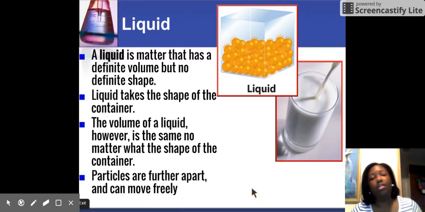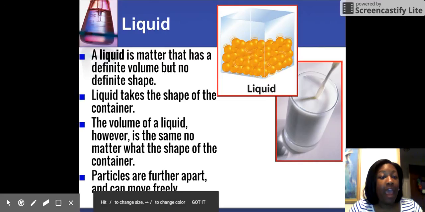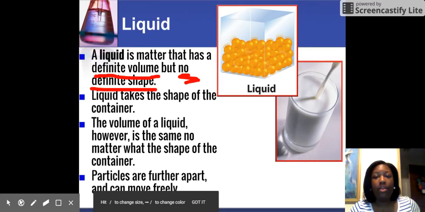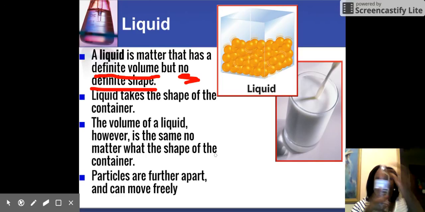So liquids. A liquid is matter that has a definite volume but no definite shape. Okay? It has a definite volume but no definite shape. So here's my water bottle, and the liquid that's inside takes the shape of this bottle.